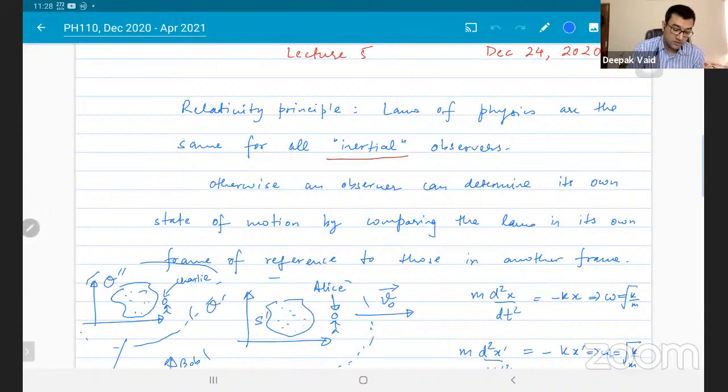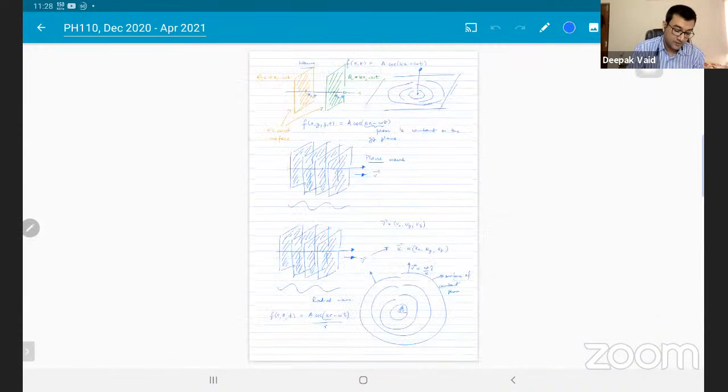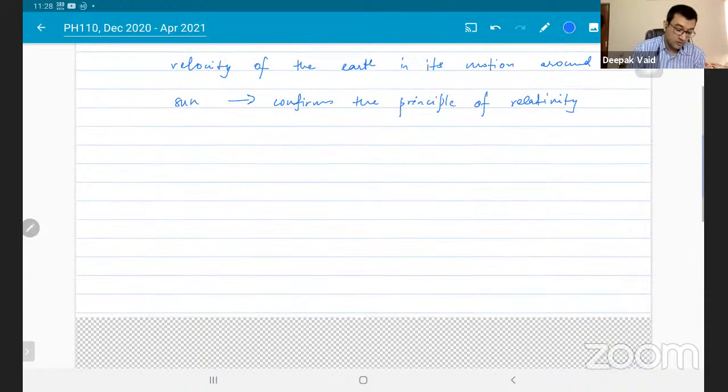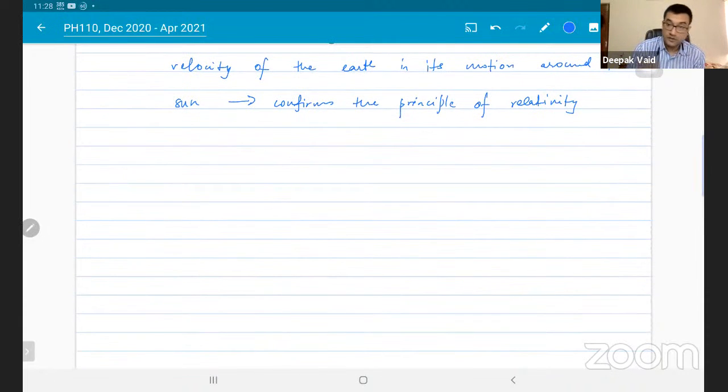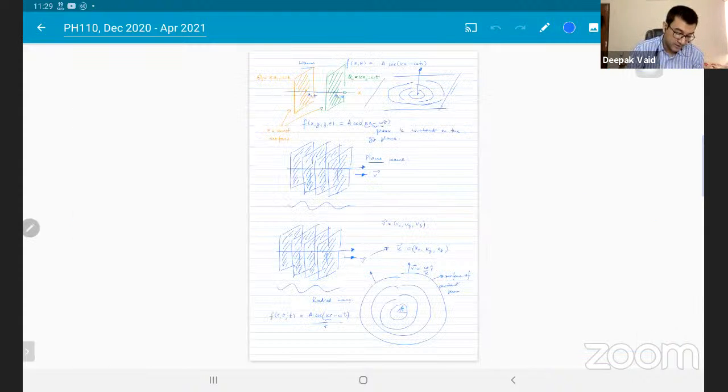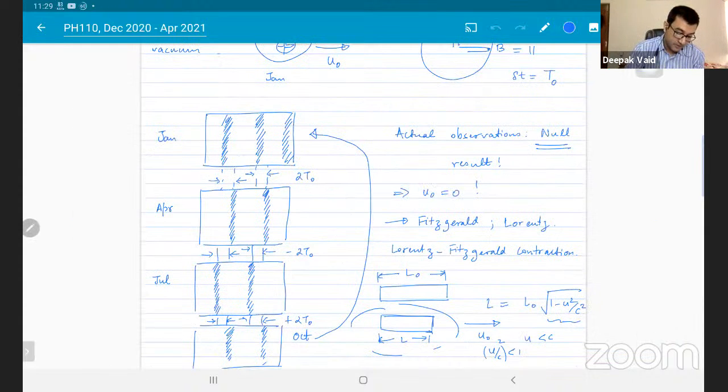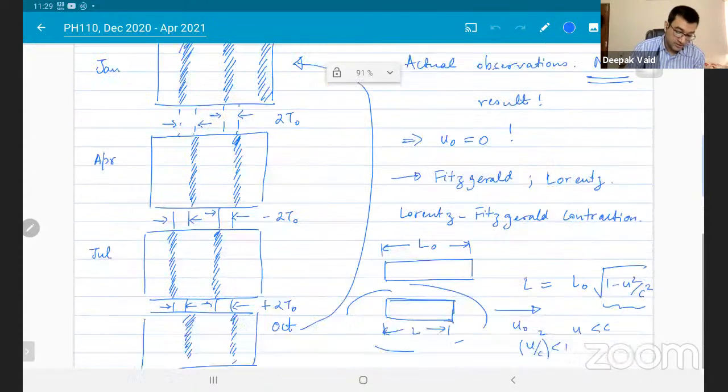Now, to account for the fact that in the Michelson-Morley experiment no change in the fringes was observed, Fitzgerald and Lorentz proposed this contraction hypothesis.